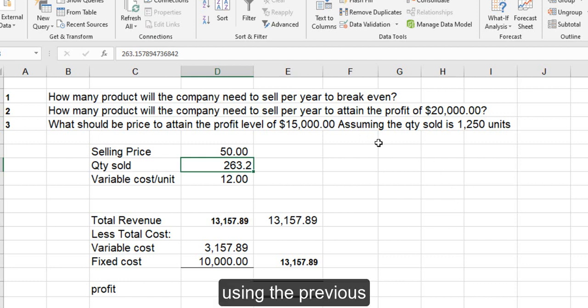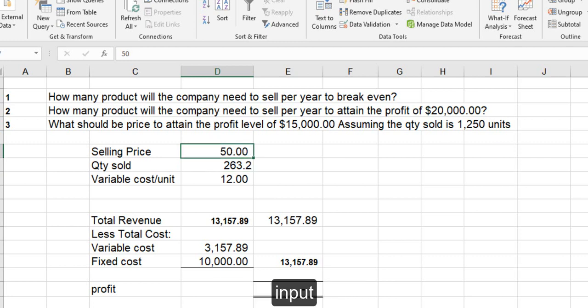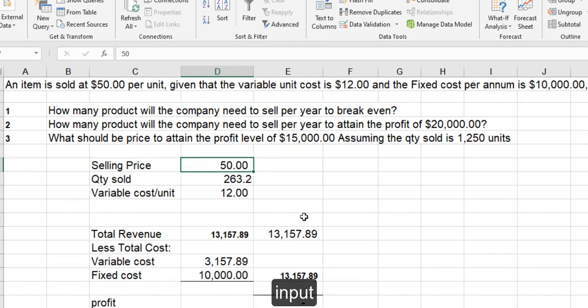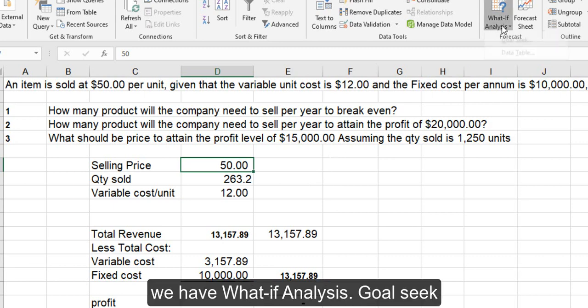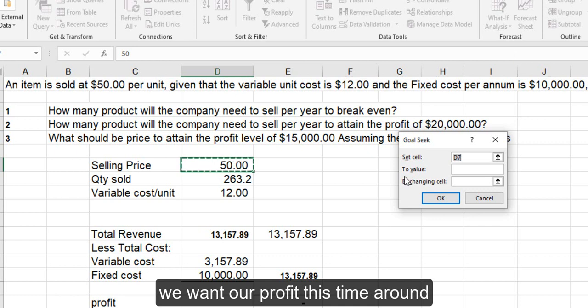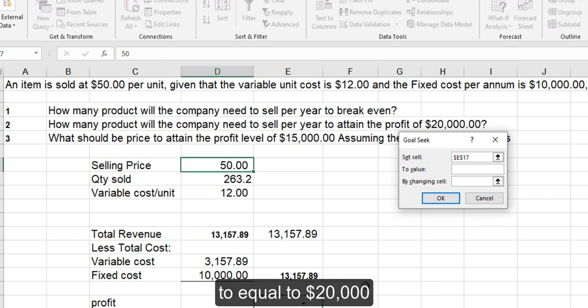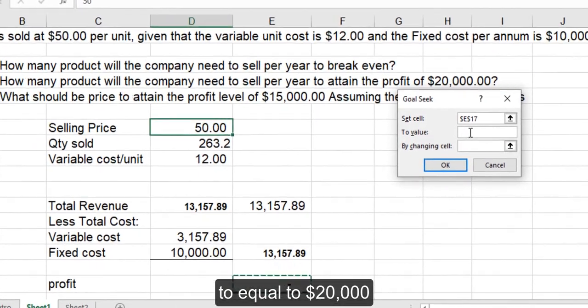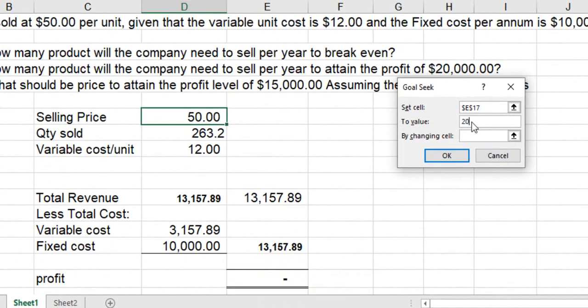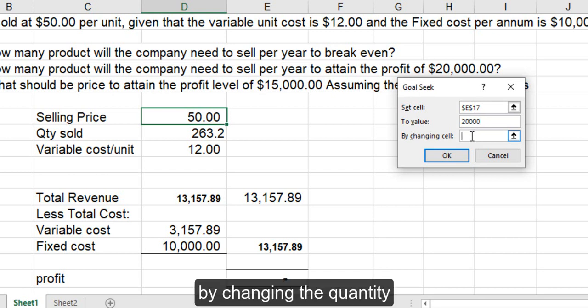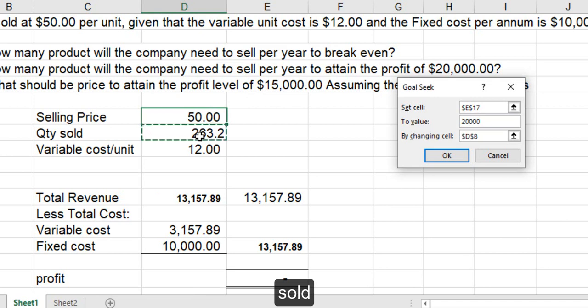So, using the previous input, we have What If Analysis, Goalseek, and we want our profit this time around to equal $20,000 by changing the quantity sold.